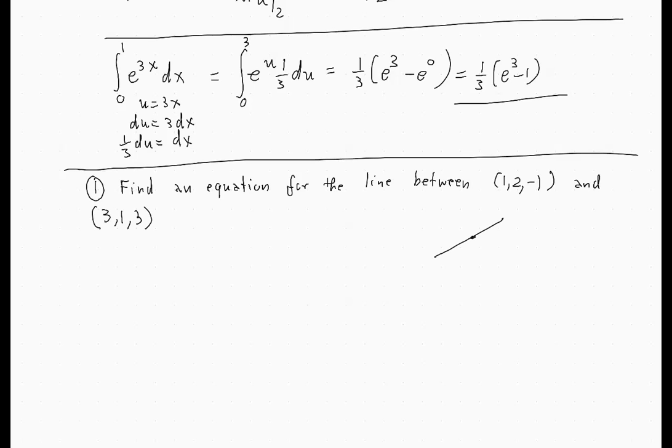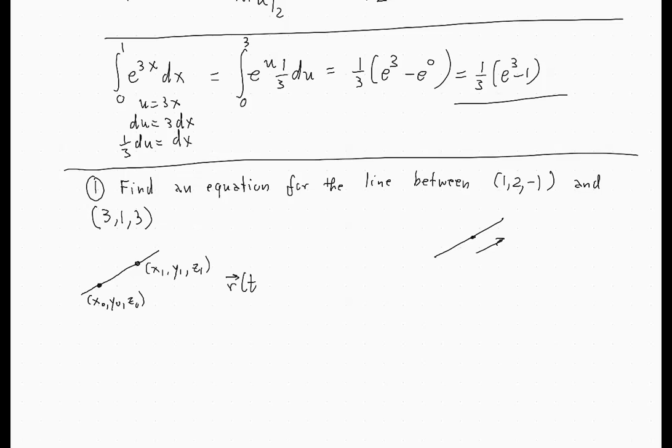But we have a case, and it's very useful to know this case, where we're given 2 points. So let's say that we have (x0, y0, z0) and (x1, y1, z1). And here there is a formula that is pretty much ready to go. The formula is r of t, or L of t, whatever you want to denote it by.